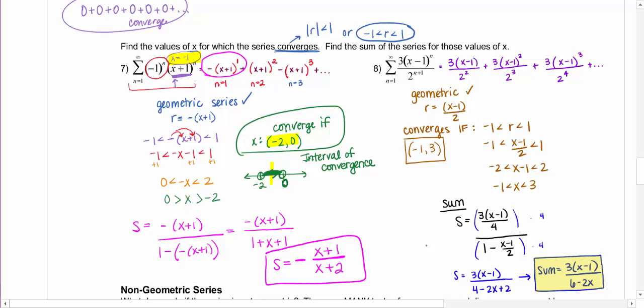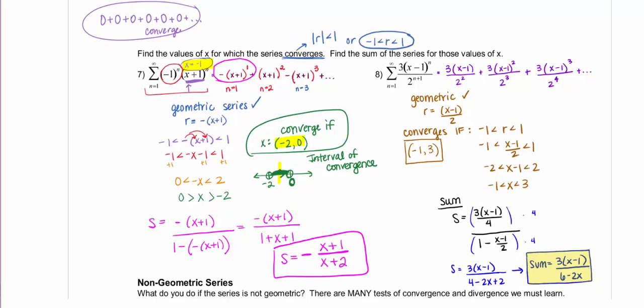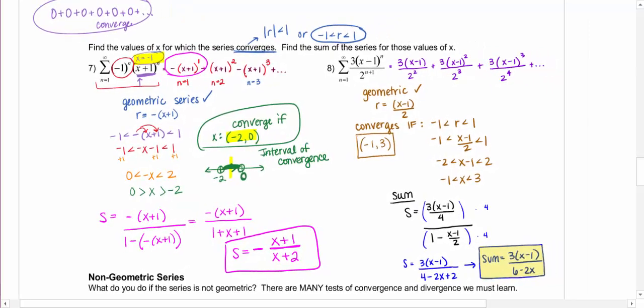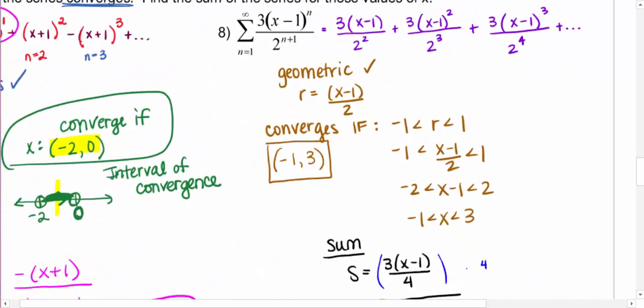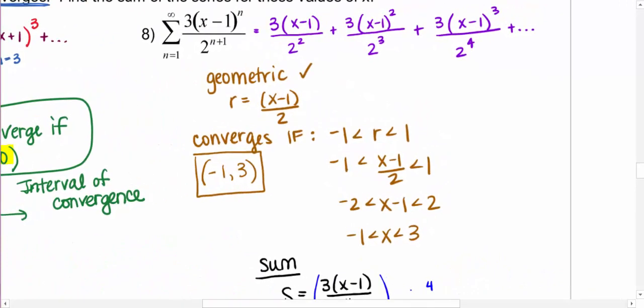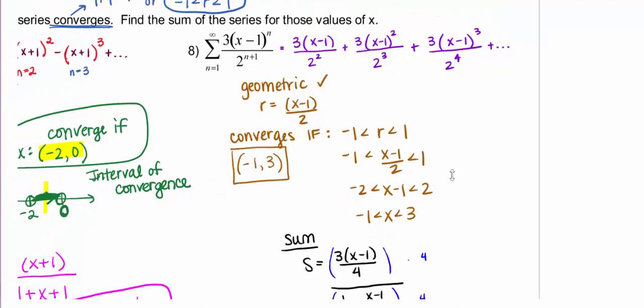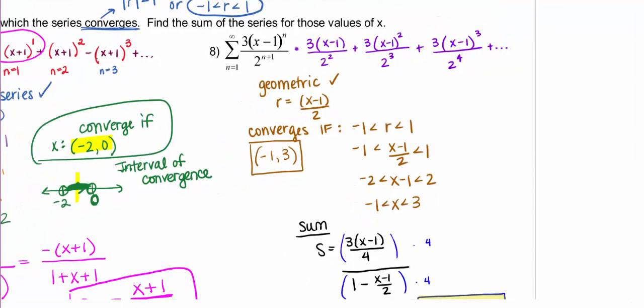Okay, so I just did another one because I wanted to make sure you could solve for that sum. So you can certainly get the problem, do the same thing, write out some terms, figure out what that geometric ratio is, force it to be in between -1 and 1, and then you know what your interval of convergence will be, and then you can find your sum from there.